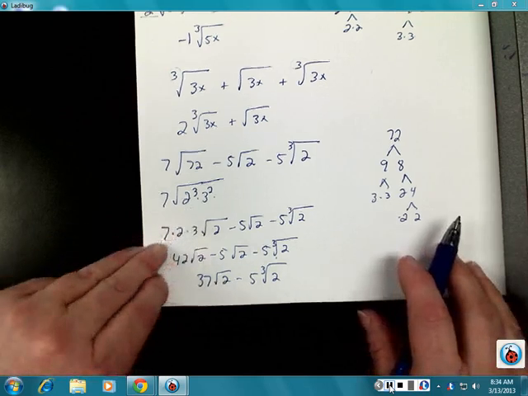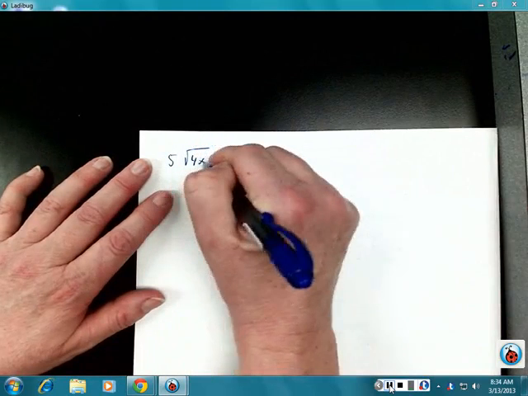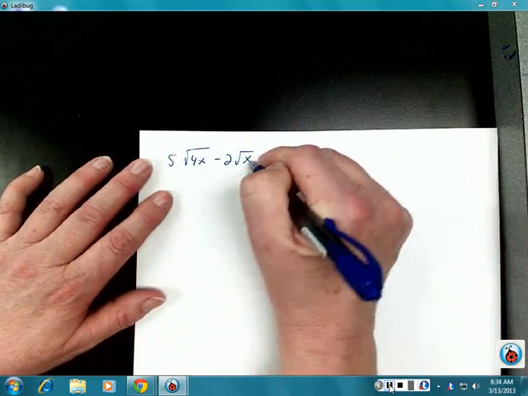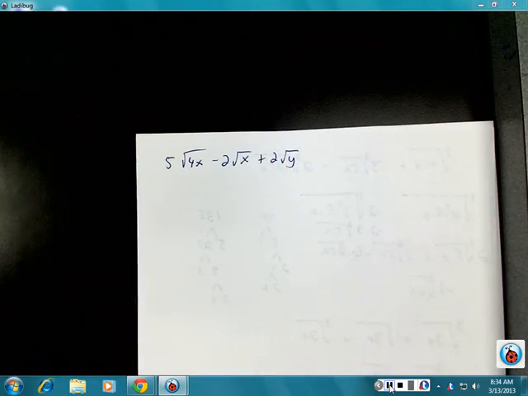Let me flip my page over. 5, the square root of 4x, minus 2, the square root of x, plus 2, the square root of y. What's that one going to give you? These, again, are ones that just come up in practice. They're like the ones that come up in Certify, so they show up all over everywhere.